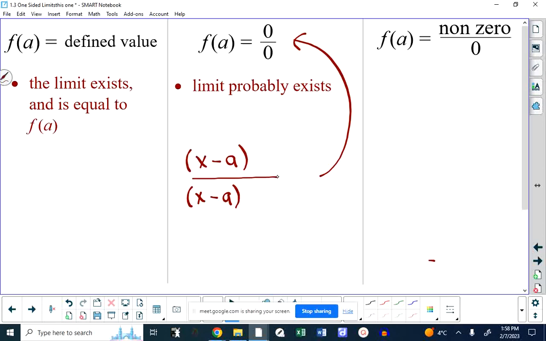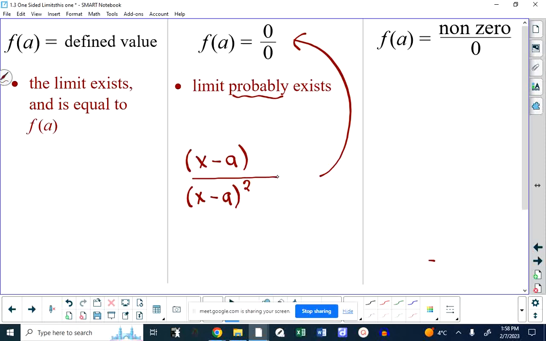The reason why the word probably is here is that if you have an exponent on that offensive factor in the denominator that's bigger than the exponent on the factor in the numerator, we can cancel an x minus a in the numerator with the denominator, but still have x minus a's left in the denominator.